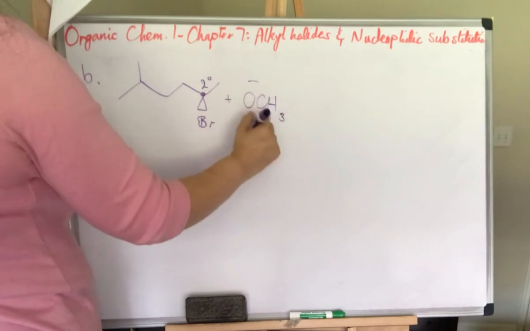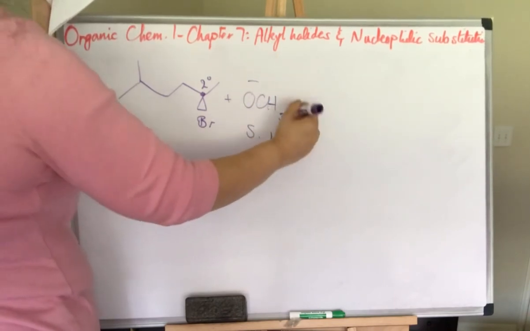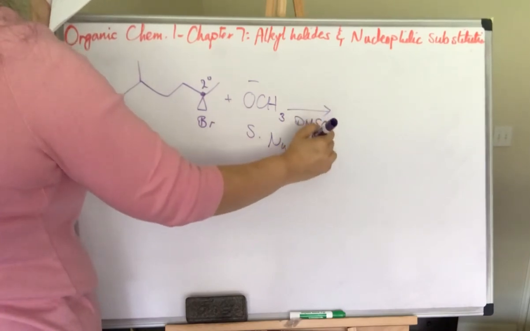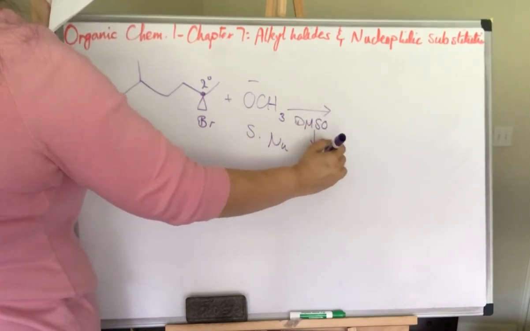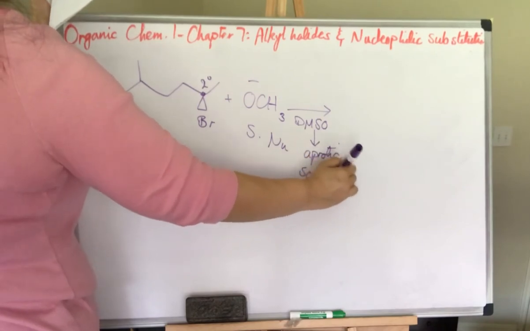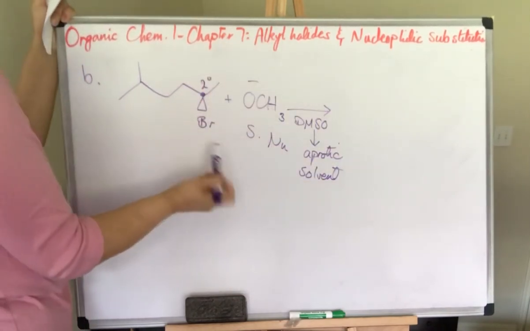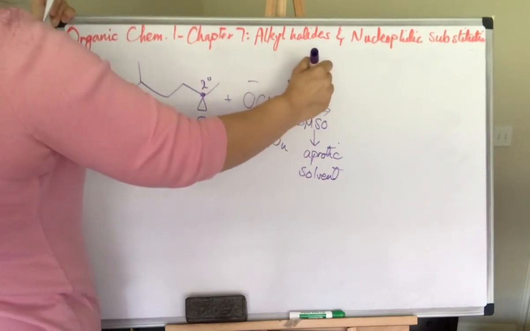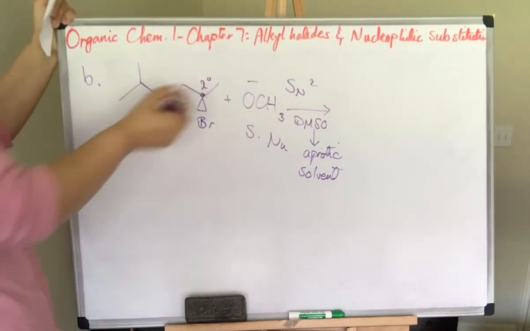Nucleophile is strong, and the solvent is aprotic solvent. So our nucleophile won't be distracted by the hydrogen in the solvent. We can proceed to SN2.